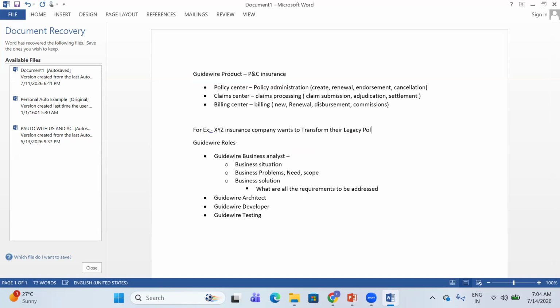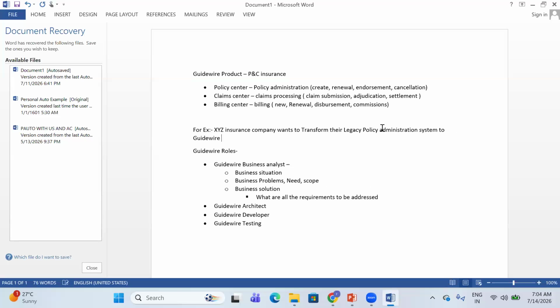They have a legacy policy management system, some mainframe-based application they have been using for a very long time, to Guidewire PolicyCenter. This is their requirement.